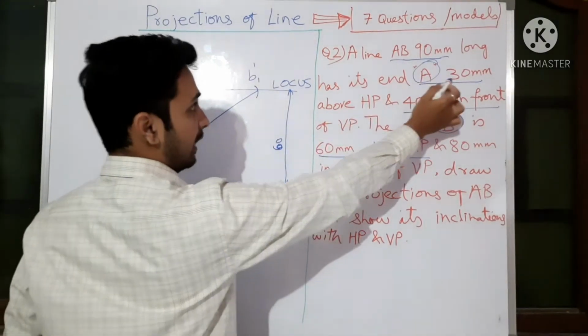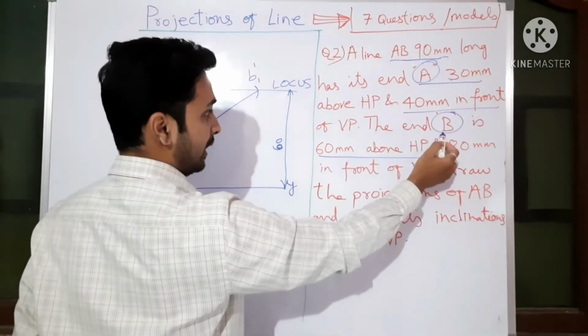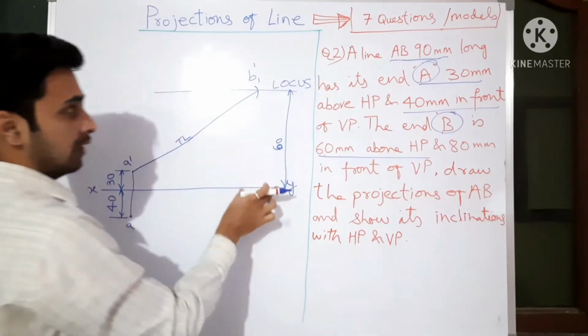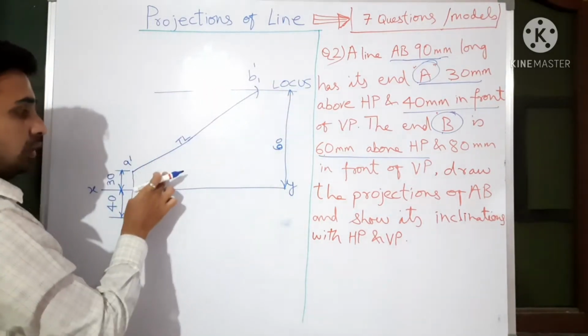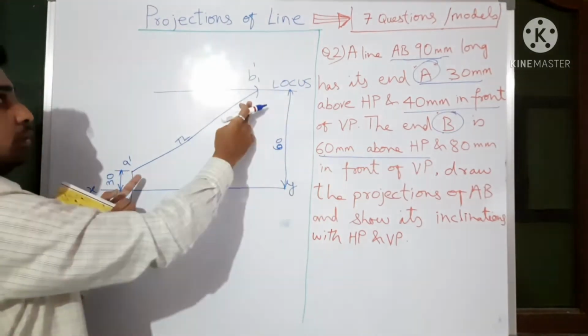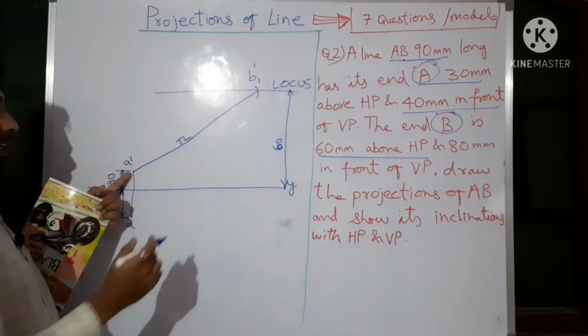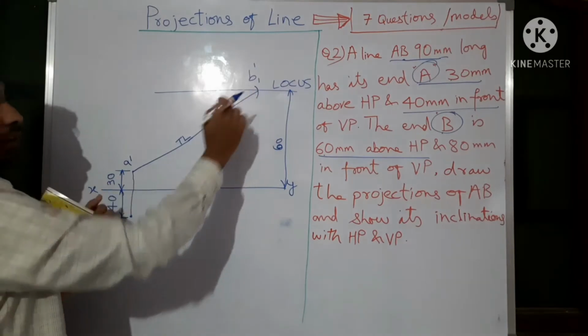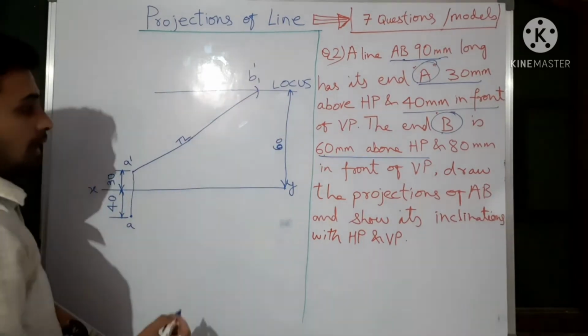One end A is 30 mm up and the other end B is 60 mm above. Because we don't know the inclination, first we drew the locus, so B may be anywhere. After drawing the locus, we took the true length 90 as radius and cut this locus with an arc.